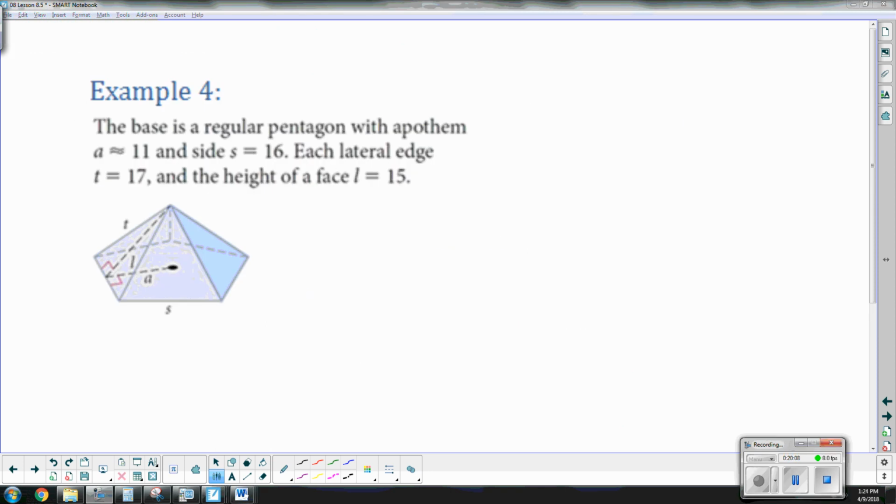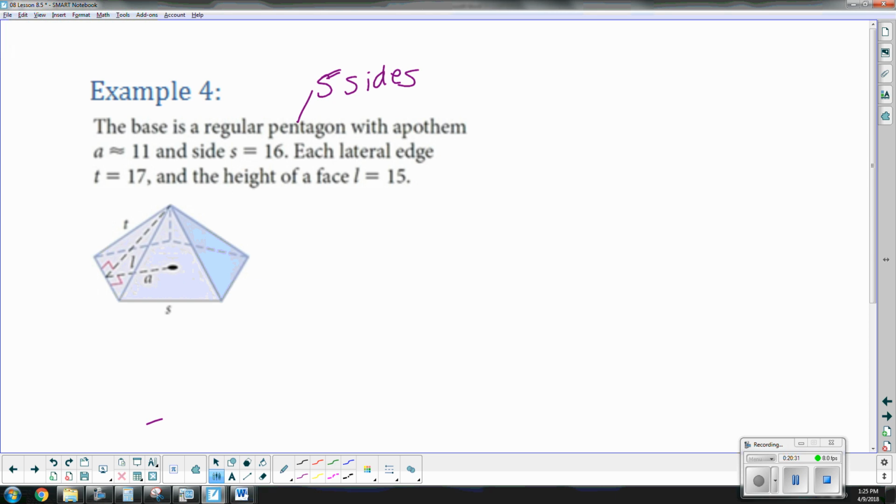Right, so let's go back and do a couple examples. For this example number 4 that's on your note sheet, the base of the pyramid is a regular pentagon, so that's 5 sides, with an apothem approximately equal to 11.